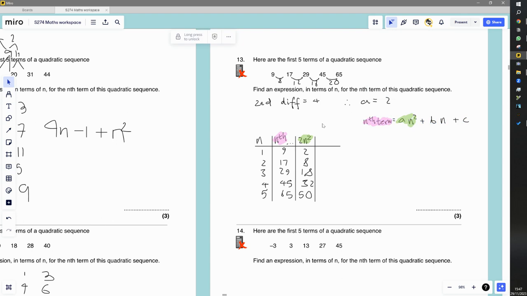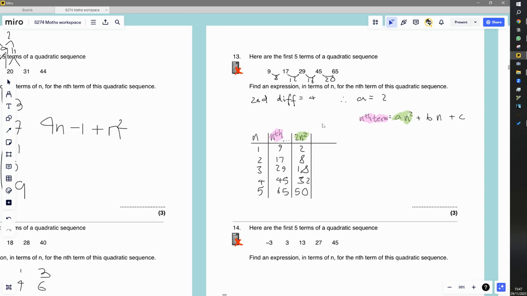So what I'm going to do is subtract this green term here from both sides. So I end up with nth term minus an squared.